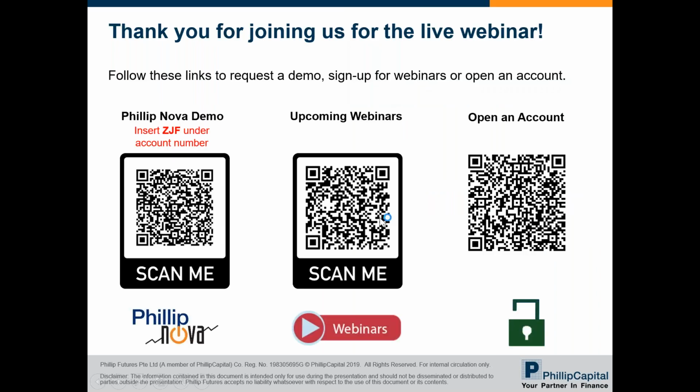The last slide is if you want to try out the Philip Nova and view some upcoming webinars. Since we have a few more minutes, I'll do a short demo to roughly see what the Philip Nova platform looks like.